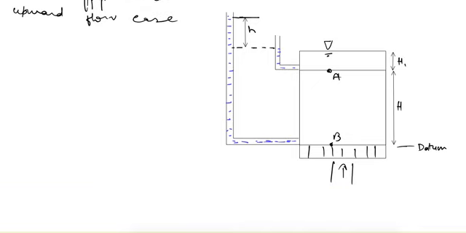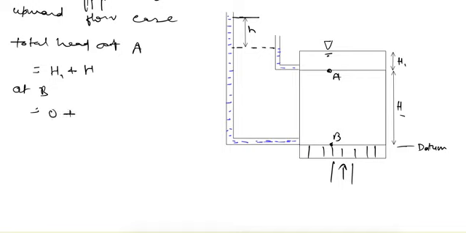So in upward flow, water is forced to go up. In that case, what will happen? Let's write the total heads at points. Total head at A is equal to H1 plus H. H1 is the pressure head and H is the datum head. And at B, datum head is 0 and pressure head is equal to H plus H1, and plus small h, because the water is going above in the piezometer.